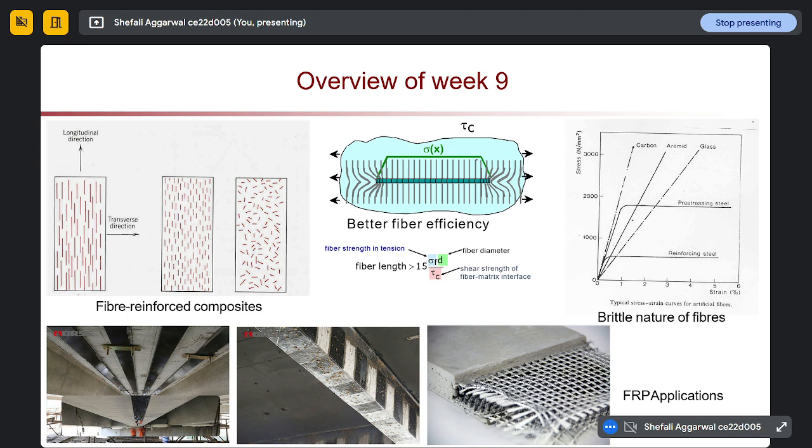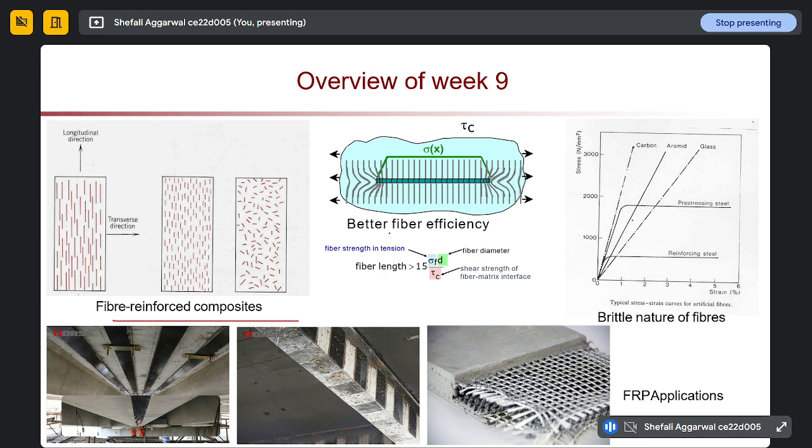Next thing is fiber reinforced composites. In fiber reinforced composite, we are adding different fibers to our matrix, and how the different alignment of our fibers will affect the properties of our concrete composite. If they are aligned in the same way, or if they are aligned in a random way, how they will affect the properties of your concrete.